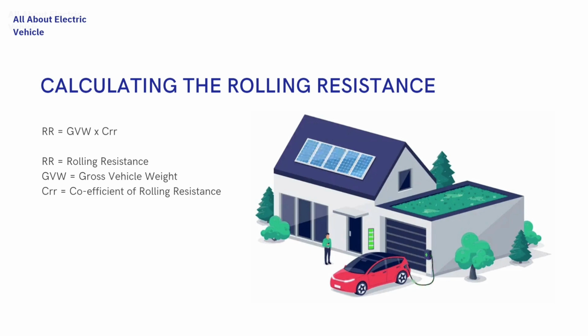The coefficient of rolling friction is typically given in tables or can be experimentally determined for a particular set of tires and road surface conditions. To calculate the rolling resistance using this formula, we simply multiply the gross vehicle weight by the coefficient of rolling friction. The rolling resistance is typically given in units of force such as newtons or pounds.